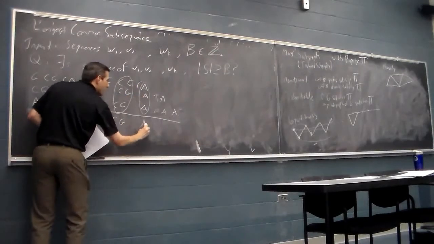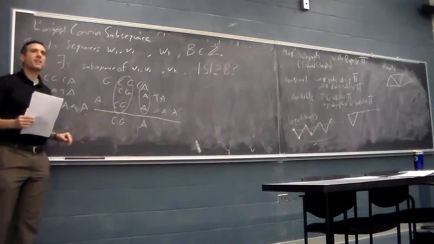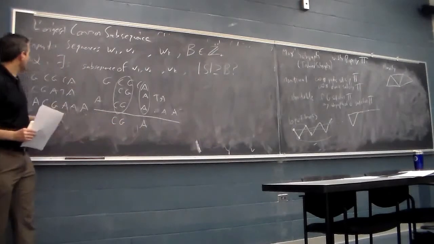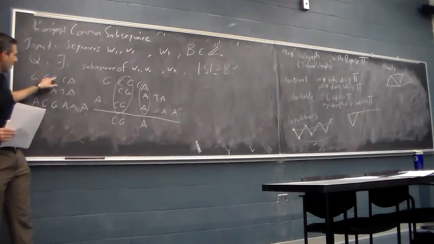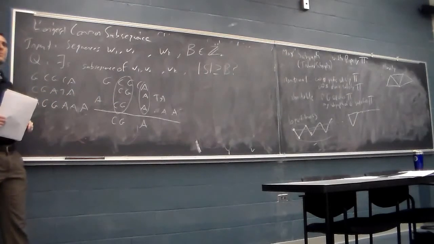Remember, a subsequence does not have to be consecutive. It has to be in order, but not consecutive in the sequences. So the string CGA is a subsequence of each of these. There's CGA here, CGA here, CGA here. Everyone follow that?